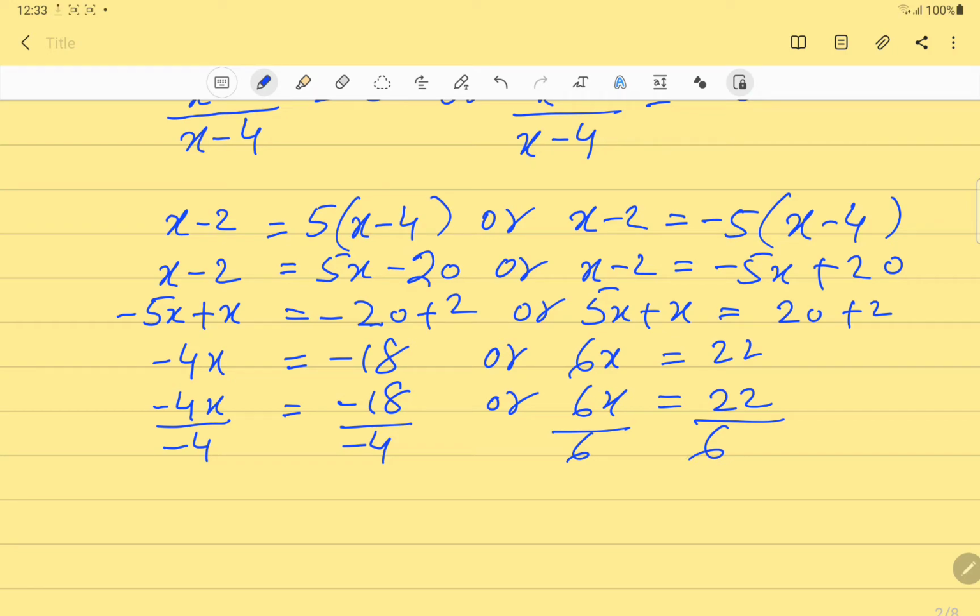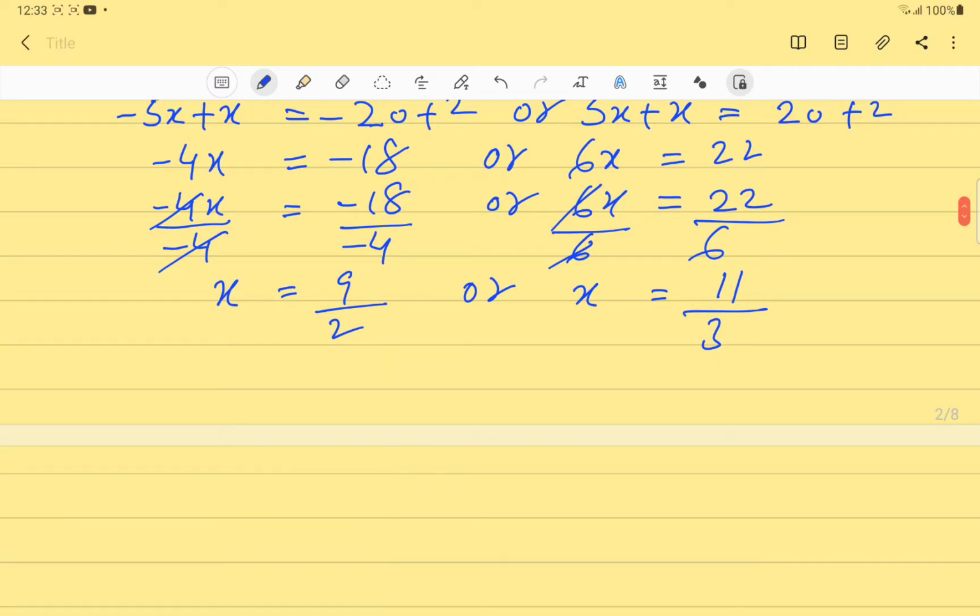So minus 4 cancels with minus 4 and we are left with x is equal to minus cancels with minus, 18 over 4 is 9 over 2. Here 6 cancels with 6 and x is equal to 11 over 3.